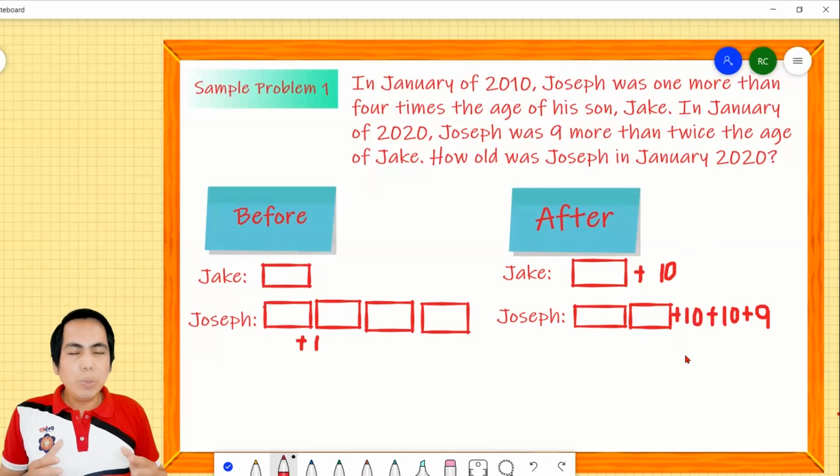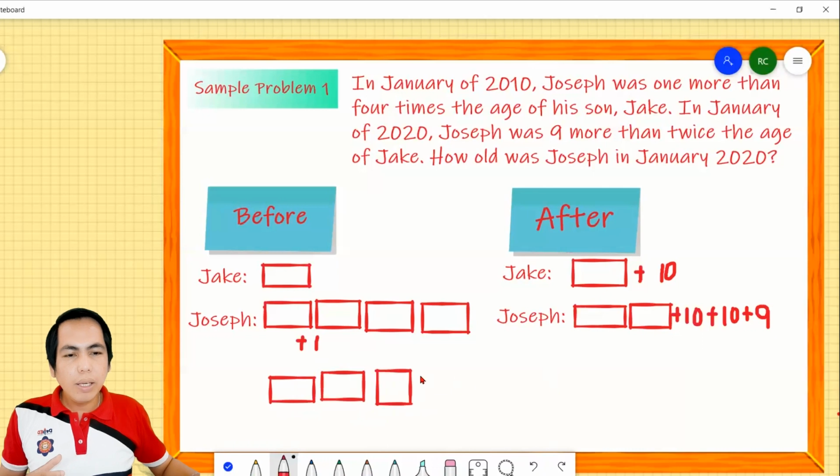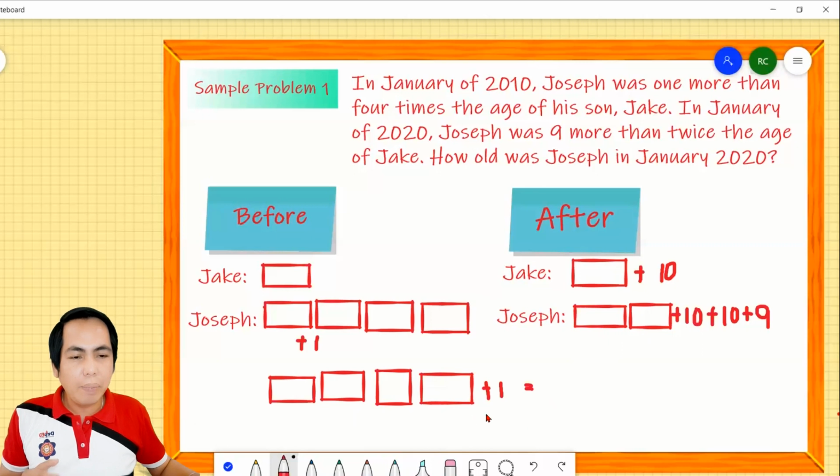Since we do not know the sum of the ages of Jake and Joseph, what we can do is equate the age of Joseph. Here, we can see that we have 4 boxes, 1, 2, 3, and 4, plus 1. So the age of Joseph in January of 2010 can be represented by these 4 boxes plus 1.